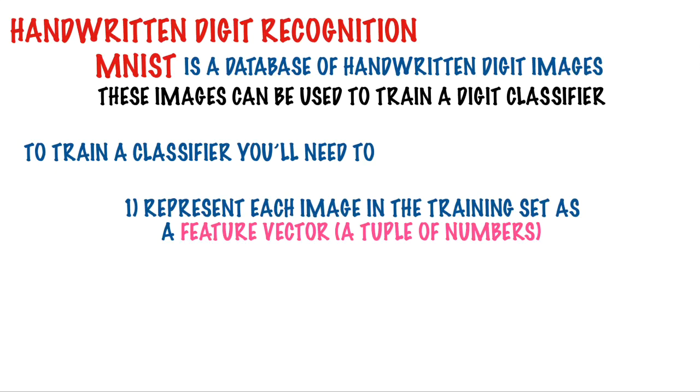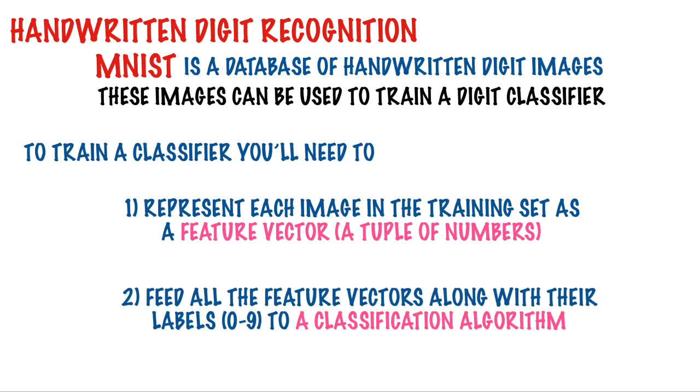First, you will represent each of the data points in your training set, each image in the training set, as a feature vector, which is a tuple of numbers. So each image needs to be taken and converted to a tuple of numbers that represent that image. Then you would feed all these feature vectors along with the labels, which digit it is, 0 or 1 or 2 or 9, to a classification algorithm.